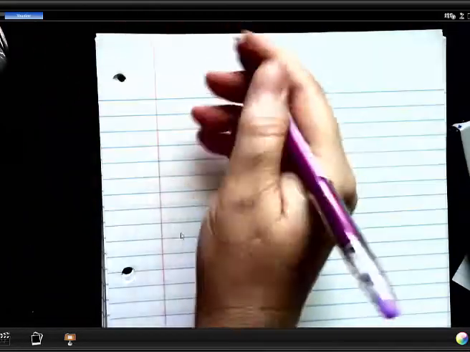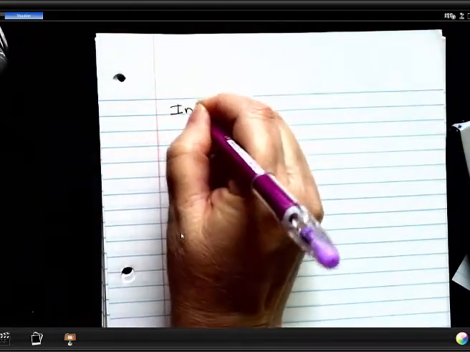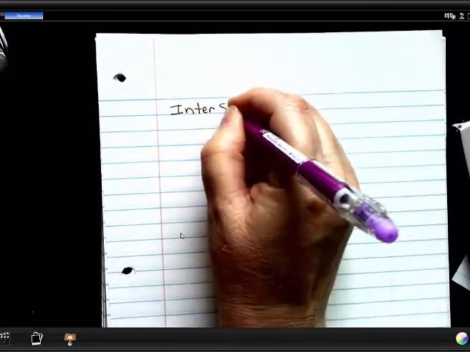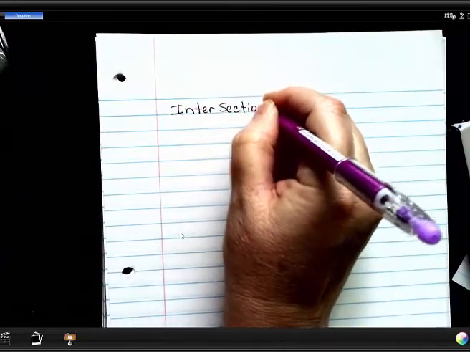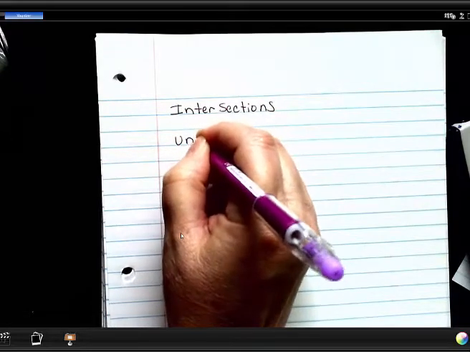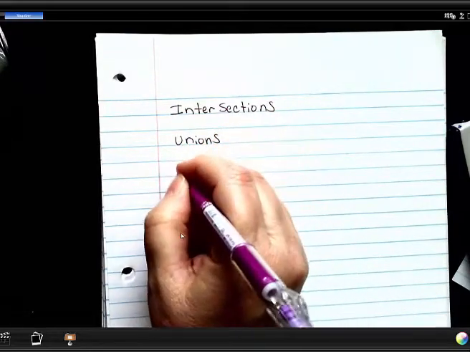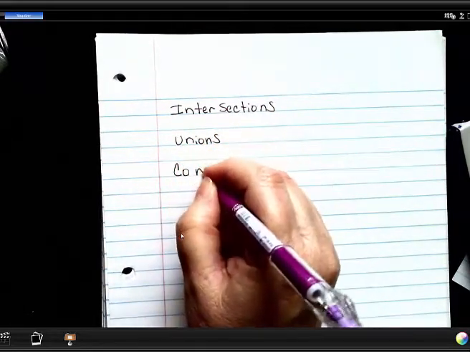All right, so now we're going to talk about intersections of and unions with compound inequalities. So in this unit, we have intersections, we have unions, and we have compound inequalities.